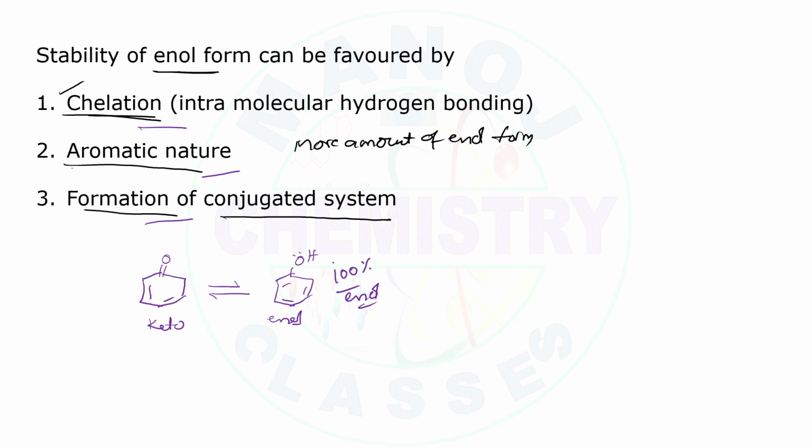Here for example, if you take one more example, I would like to take a cyclobutane ring, cyclobutanone with the conjugation. This one will exist in keto form. More amount of keto form will be there, whereas the enol form will be very less.